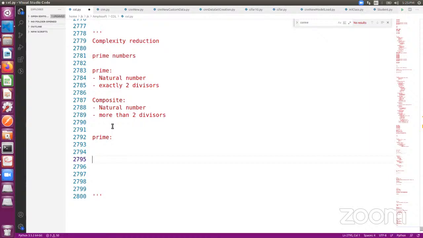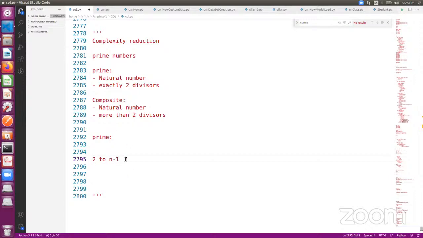So we do not need two unnecessary operations: dividing the number by 1, and dividing the number by itself, because we know the result already. It is going to divide. So what we'll do is put a loop that will run from 2 to n minus 1.